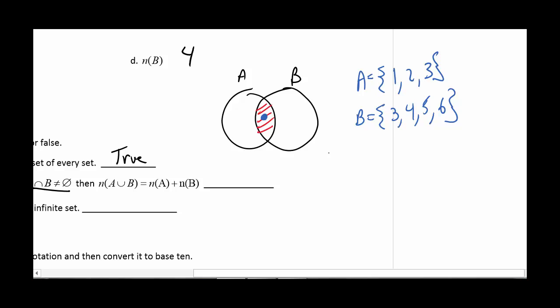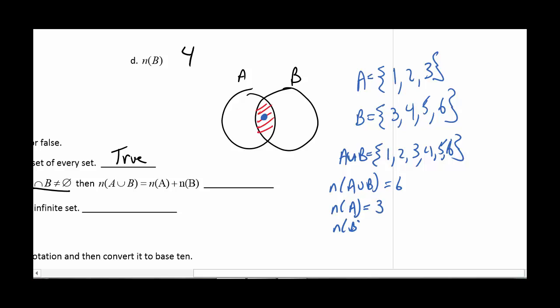Okay, so let's look at A union B, which would be 1, 2, 3, 4, 5, and 6. Okay, so the cardinality of A union B in my little made-up set is 6. There's 6 elements in there. And the cardinality of A is 3, and the cardinality of B is 4.